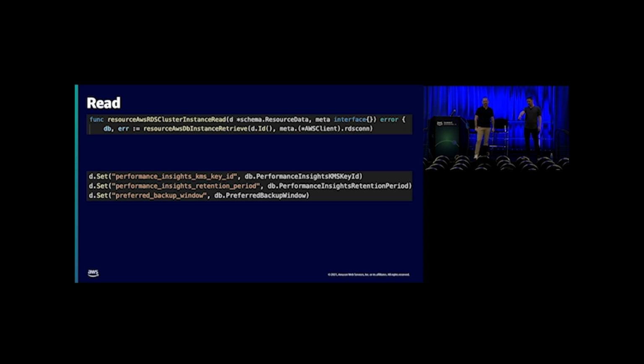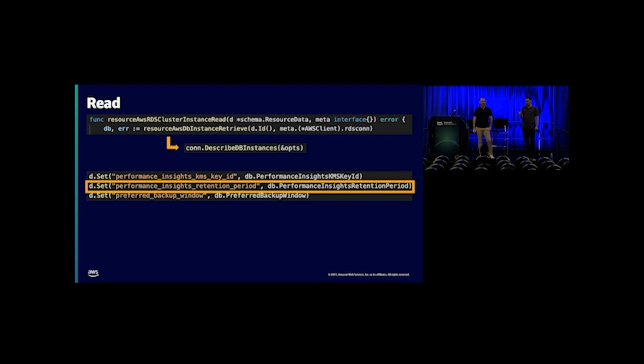This resource has another function that it calls, but if you look into what comes from that DB instance retrieve function, it's really just doing a describe call. That describe call is then used to set values in your state file. The only change that we have to make to this read function is very simple. We are basically taking from the API call and setting it to the state file using d.set, and then we provide the name of the parameter that we want to set the value for.